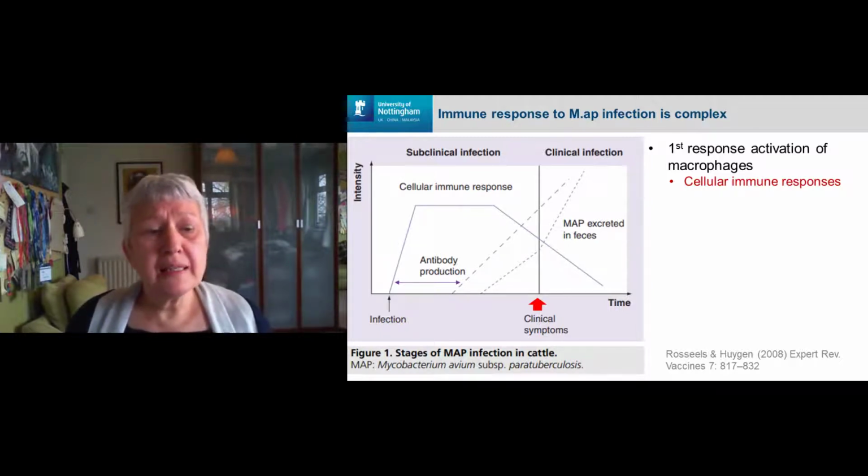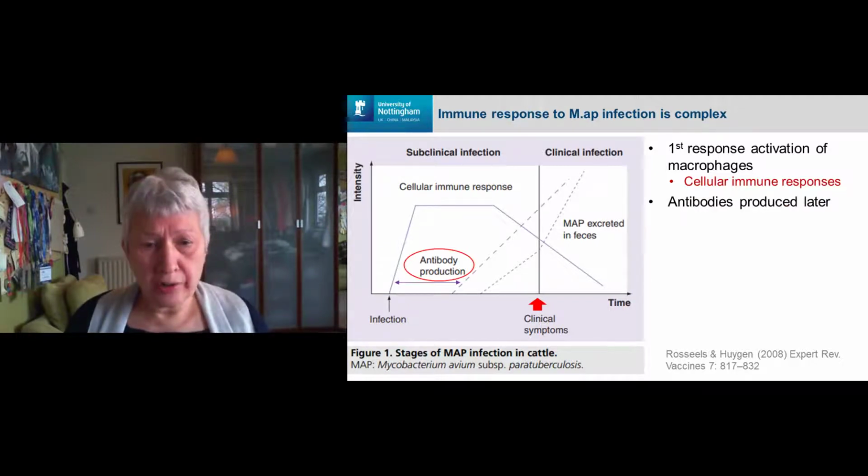What we know is that at the onset of infection, the first responses are going to be with the cellular immune response, with virtually no antibody response being detected at all. So antibody production is known to occur later on, and it often coincides with the point where the cellular immune response is starting to go into a decline phase.